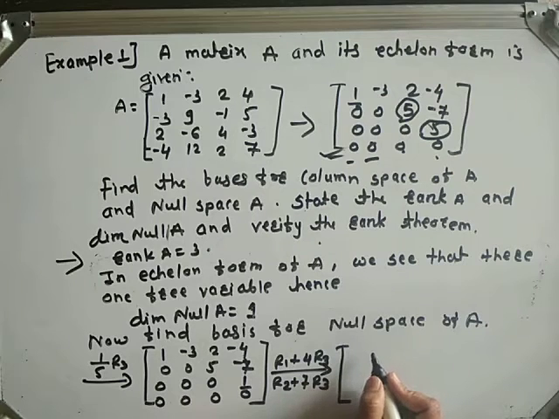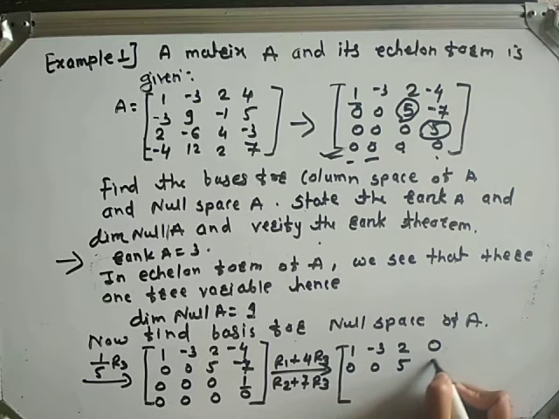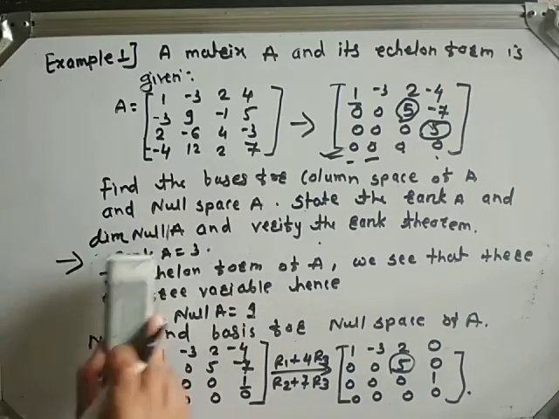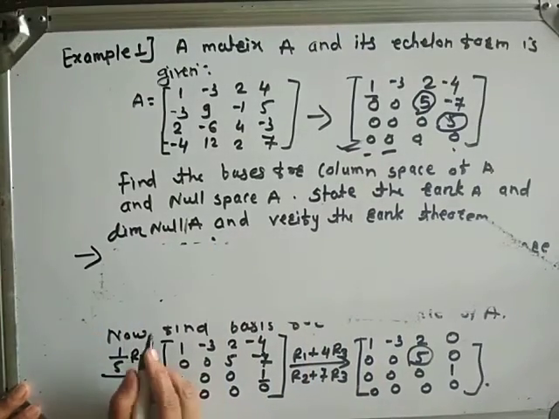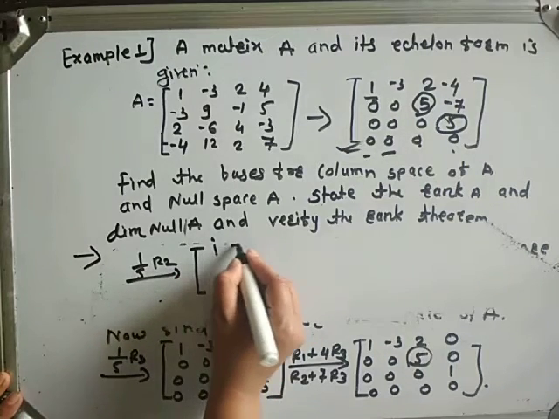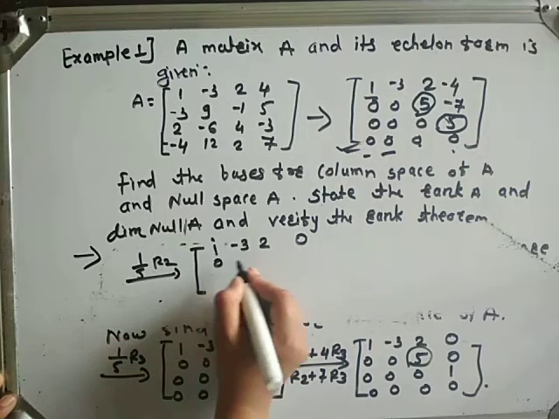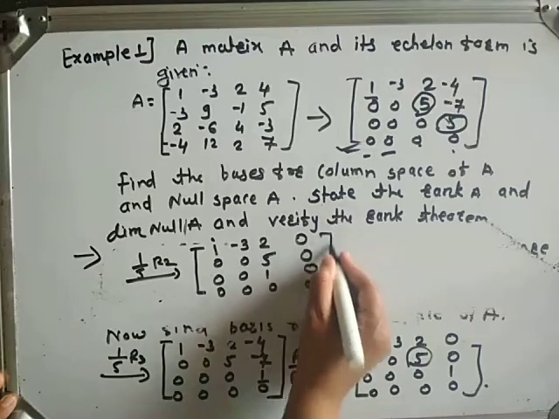Therefore the matrix becomes 1 -3 2 0, 0 0 5 0, 0 0 0 1, 0 0 0 0.